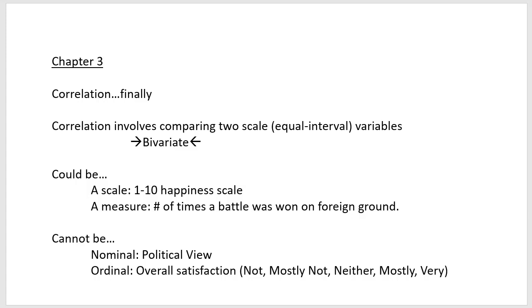Even if you assigned a number to it where 1 was not satisfied and 5 was very satisfied, that still doesn't quite work because the distance between a 1 and a 2 isn't necessarily the same. We can kind of wiggle around it if we just say, like, on a scale of 1 to 5, how satisfied were you? And don't worry about what the scales mean.